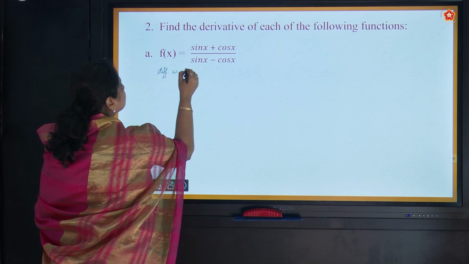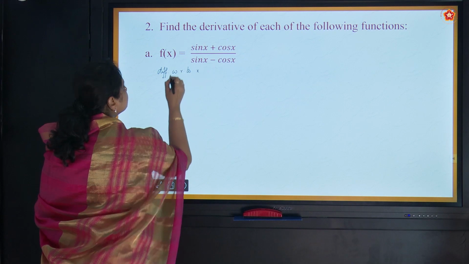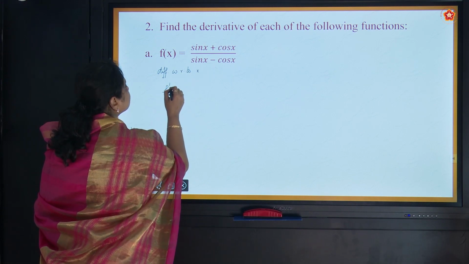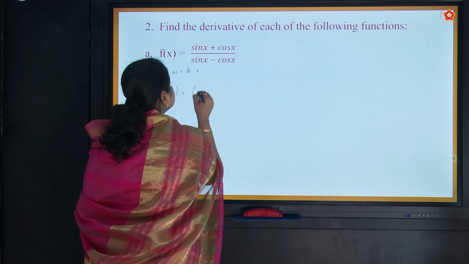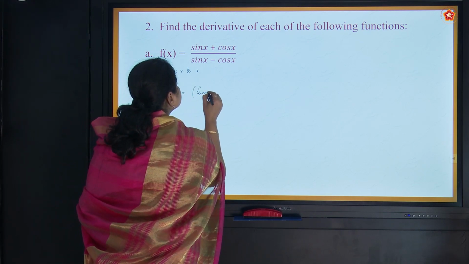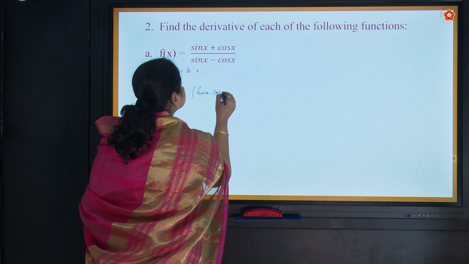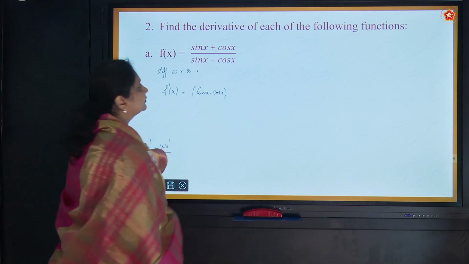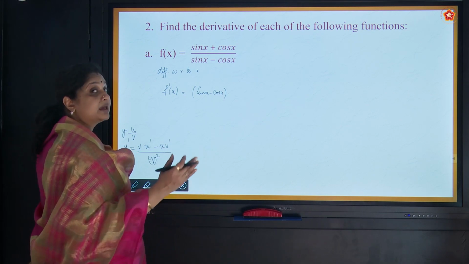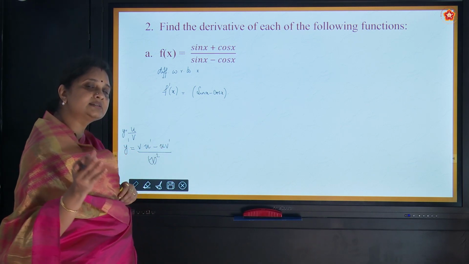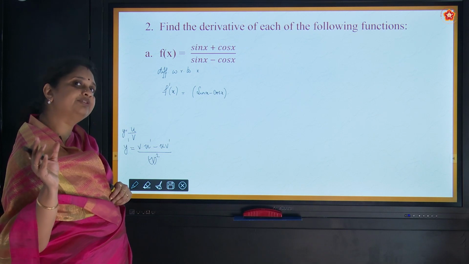with respect to x, what do we get? f dash of x is equal to, I keep the denominator unaltered, sin x minus cos x, into the derivative of the numerator. Now what is the numerator? It is sin x plus cos x, a sum of two trigonometric functions.